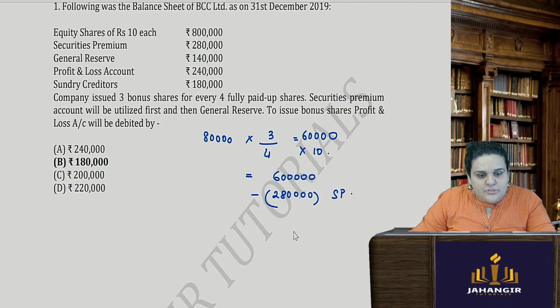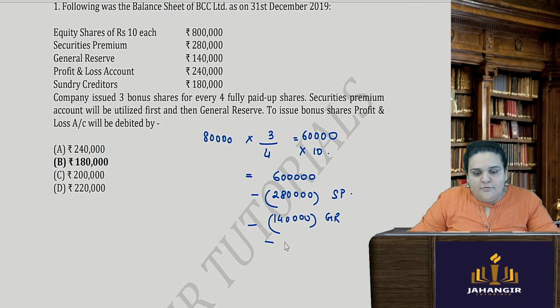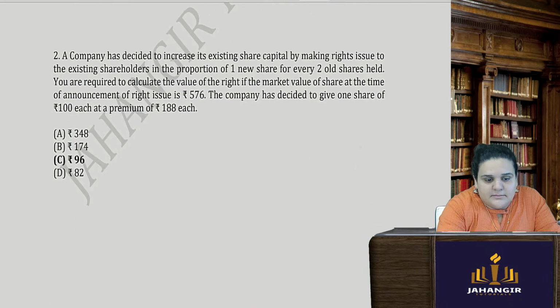And then I have to use general reserve 1,40,000. So the balance to make it 6 lakhs, 6 lakhs minus 2,80,000 minus 1,40,000, I'm going to use 1,80,000 from my profit and loss account. This type of MCQs can be asked.